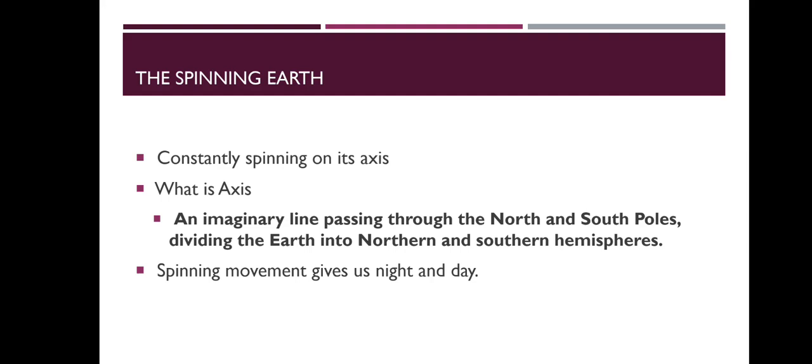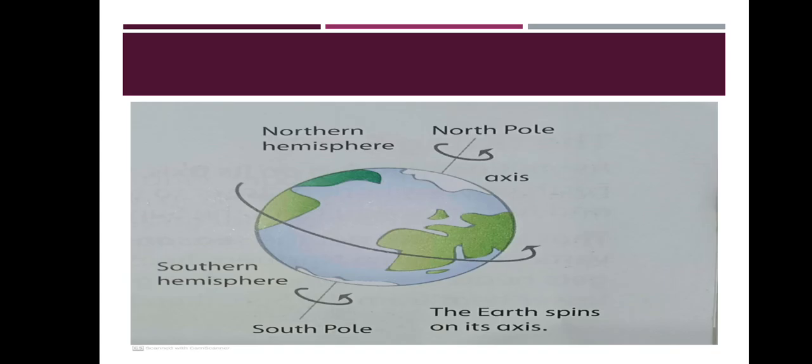Earth has two poles. The first one is the North Pole, the pole present on the north side, and there is the South Pole, the pole present on the south direction. When we divide the Earth into two halves, because our Earth is almost circular, look at here, we divide this circle into two halves.